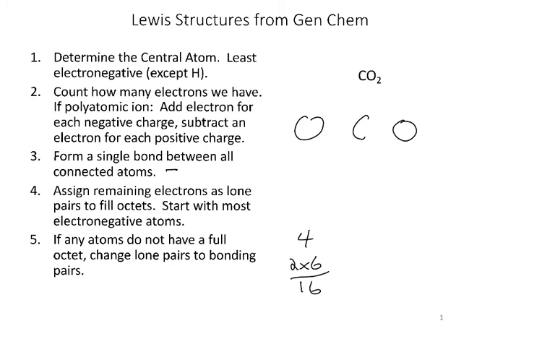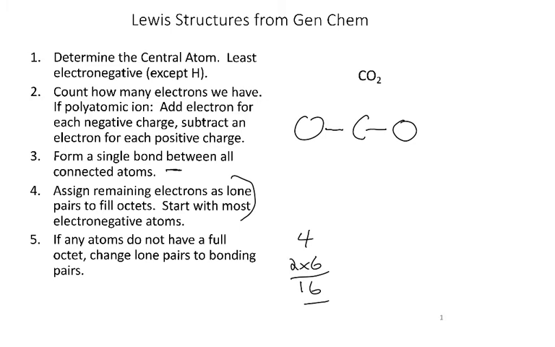So I usually start by forming single bonds between all the connected atoms, so I'll give a single bond between the carbon and oxygens, and then I assign the remaining electrons to first the external atoms, give each one an octet, and then if I have anything left, then I can move on to the central atom and give it an octet. So I have 16 electrons to give out.